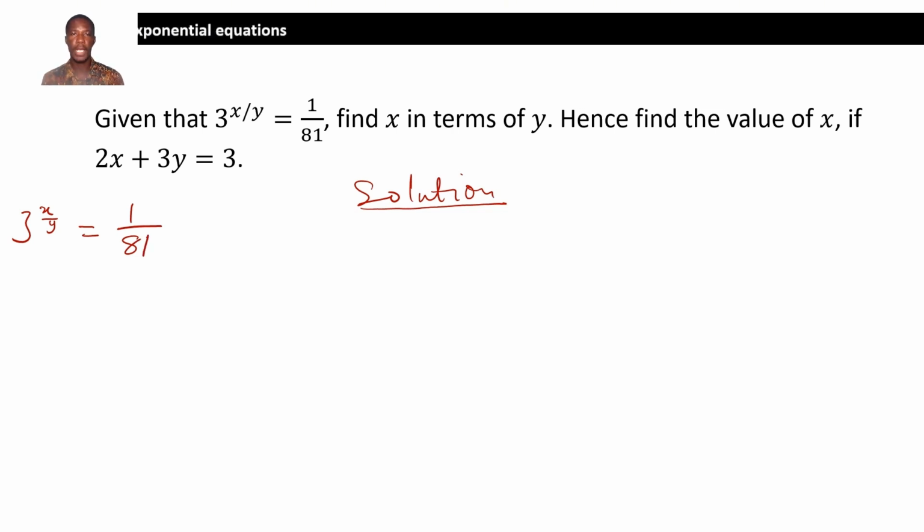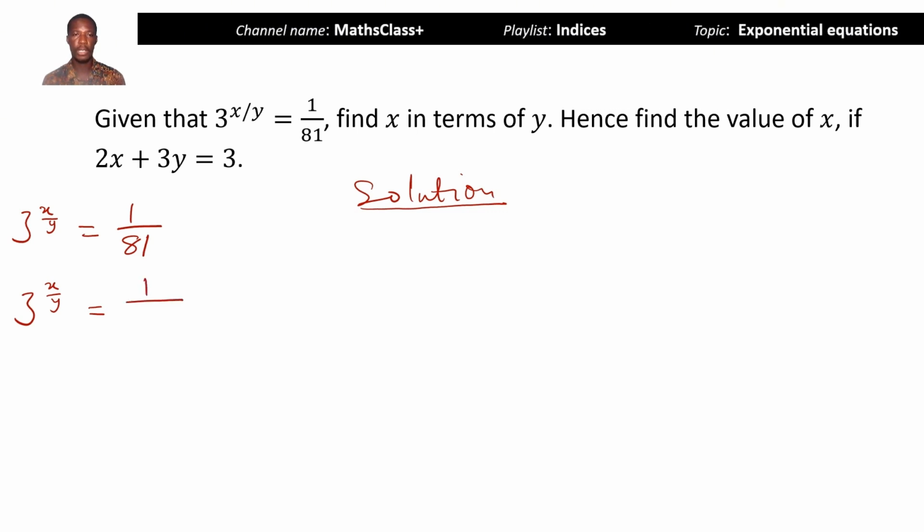We are supposed to find x in terms of y, and so I will rewrite the whole expression as 3 to the power x over y, and then this side I will convert it to indices of base 3. So 1 over 3 to the power 4.